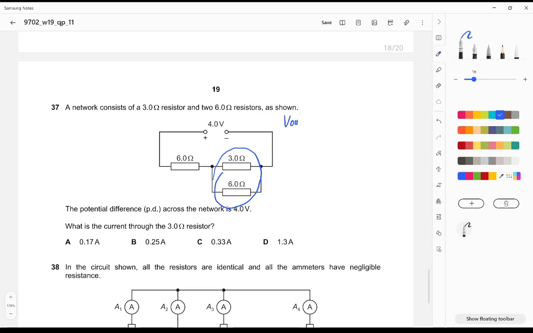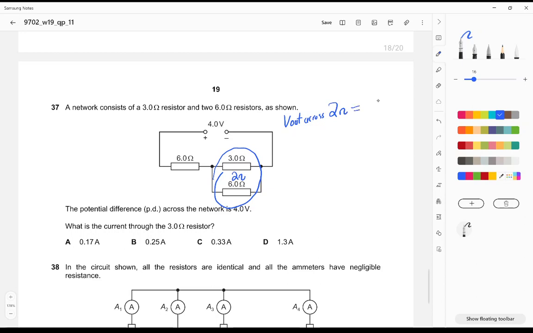V out across this combination, I'm just using product over sum, 3 multiplied by 6 divided by 3 plus 6, and that should give me a combination of 2 ohm.